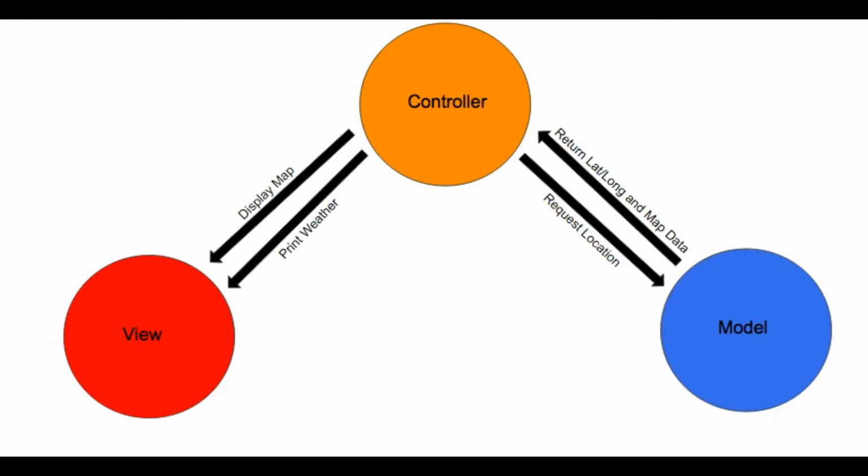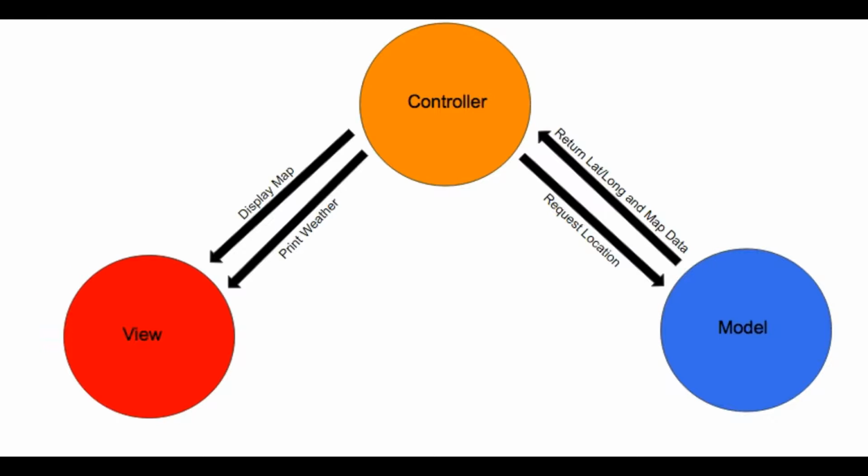Alright, this is my MVC architecture diagram. It's a little easier to understand compared to the UML diagram, but it essentially says the same thing. Here you can see in red, orange, and blue the three main components of the MVC architecture.